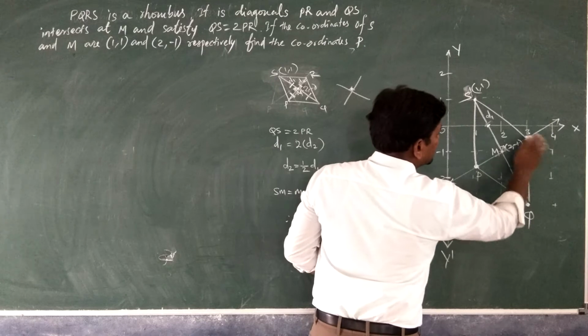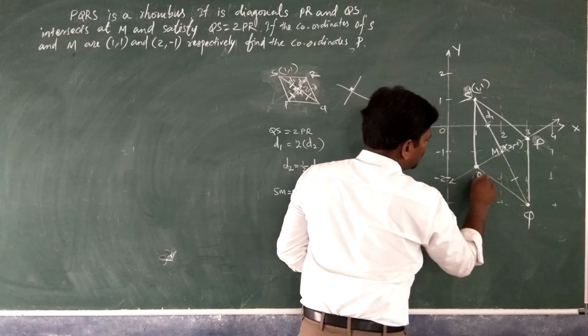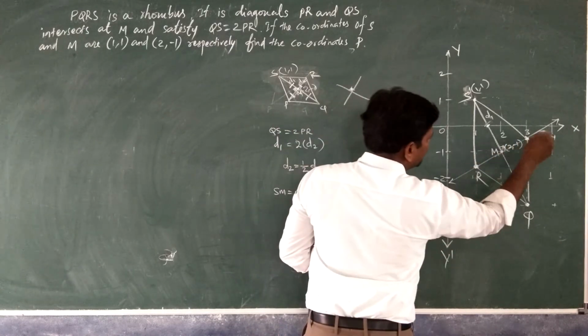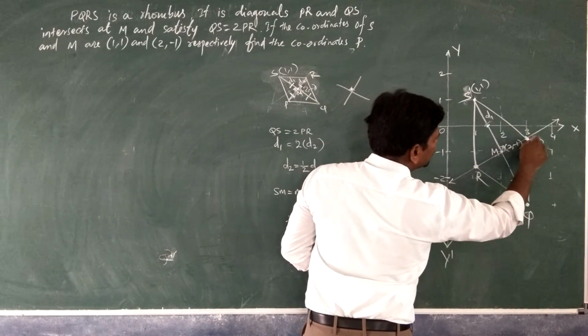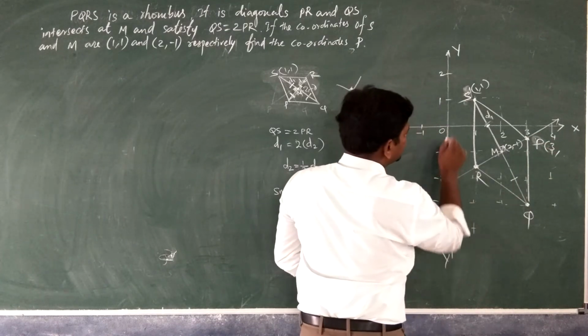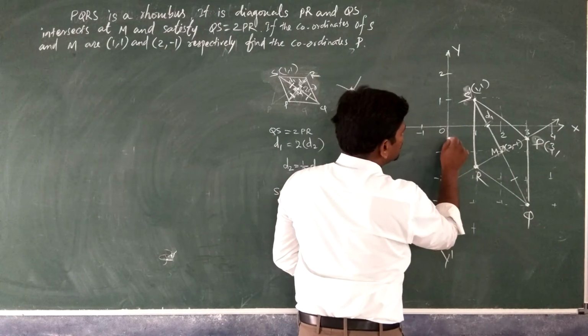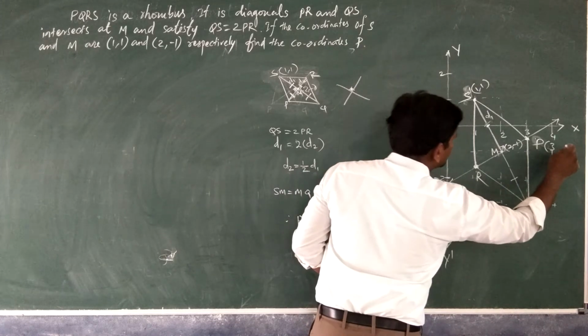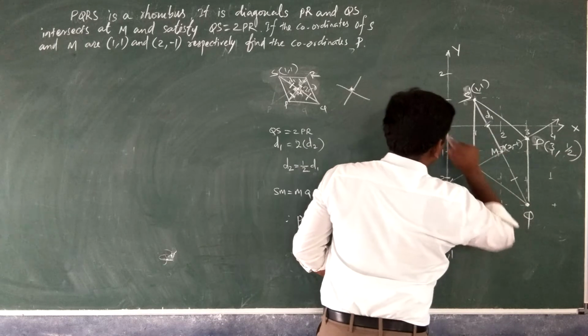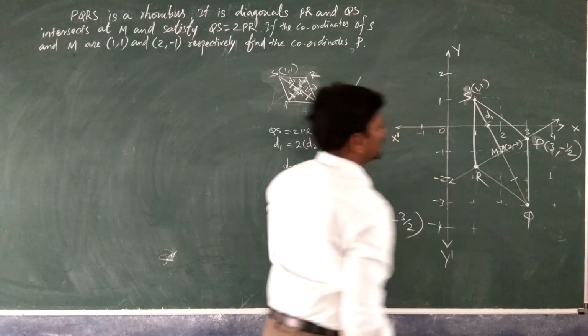Sometimes P may be here; it may be like this. So if P is here, what is the value? X axis 3 and y axis between 0 and 1, 0.5, that is 1 by 2. Under the x axis, so minus.